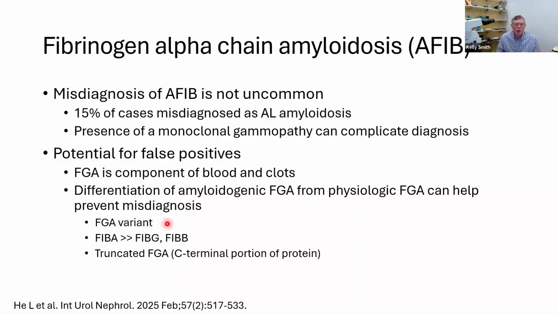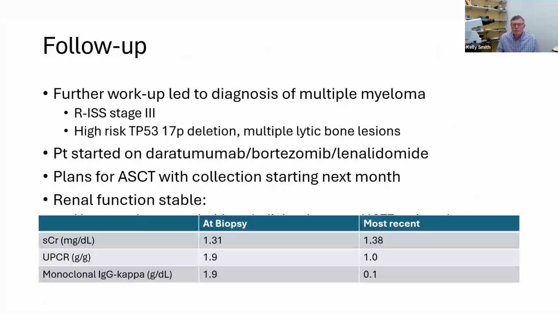So identifying whether it has an amyloidogenic variant, identifying whether or not there's more alpha versus gamma and beta that would fit with this as an amyloid, not a normal physiologic form of fibrinogen, and then the truncated protein as well.